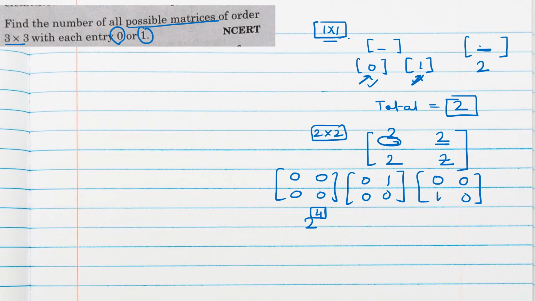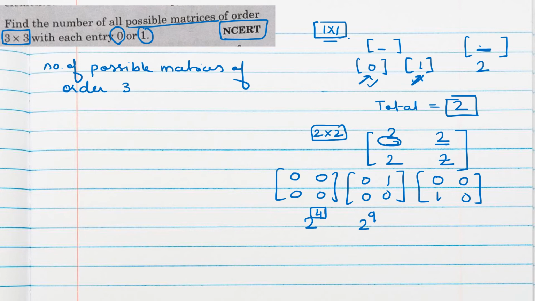So now for 3 by 3, how can we generalize? 2 power 9. This question is from the textbook only. So we can write here, this will come for 1 mark: number of possible matrices of order 3 by 3 will be 2 power 9, with each entry 0 or 1.